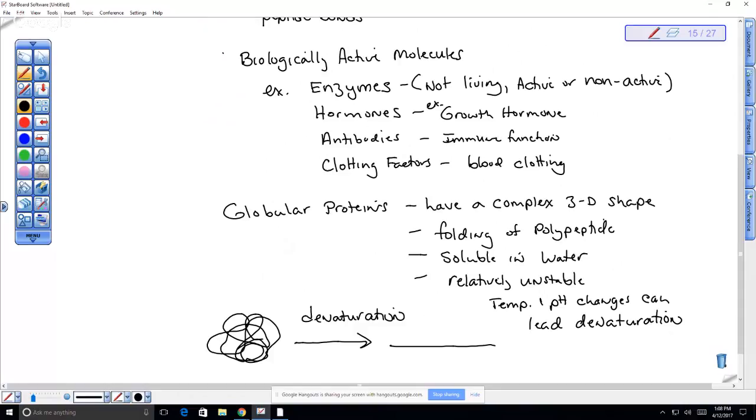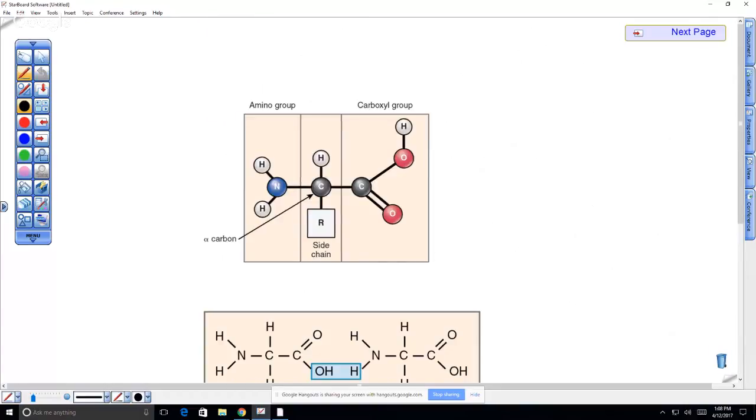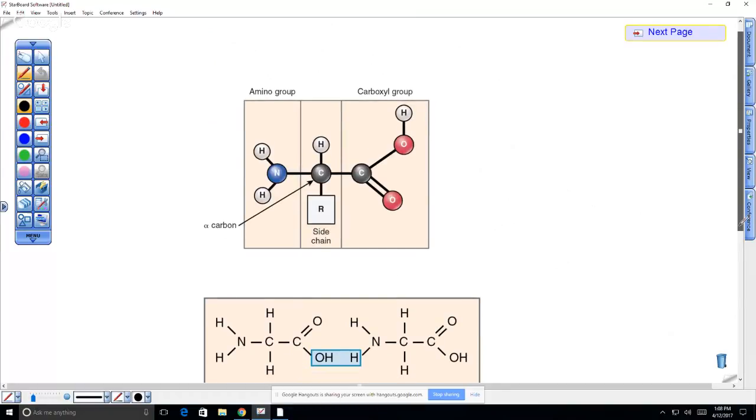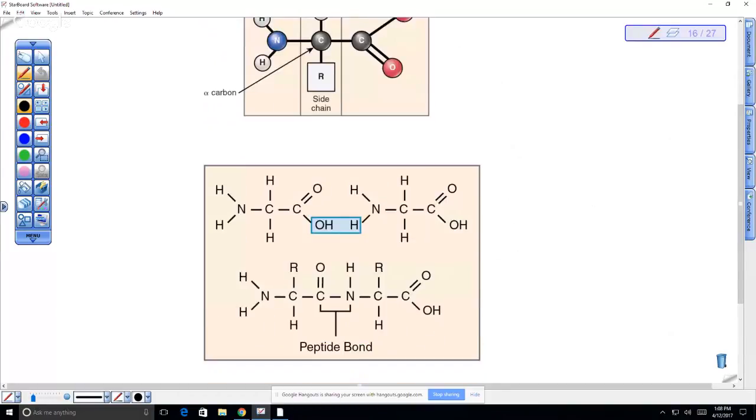And interestingly, you can actually cook an egg by putting it in acid, right? So you can cook the egg. It will denature in low pHs as well as high temperatures. So if we look at this three-dimensional structure, okay, this is the peptide bond between two amino acids.